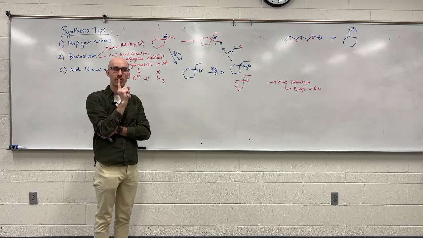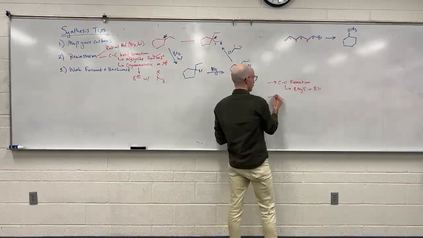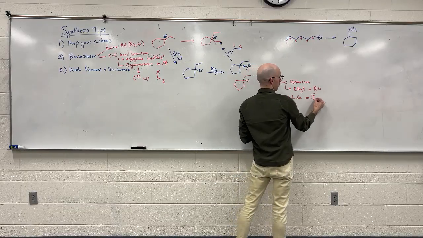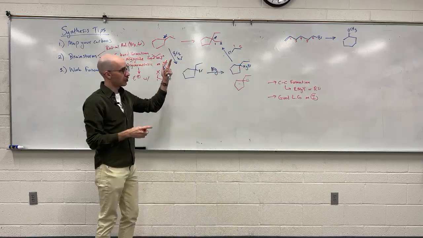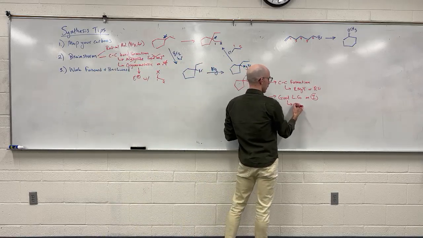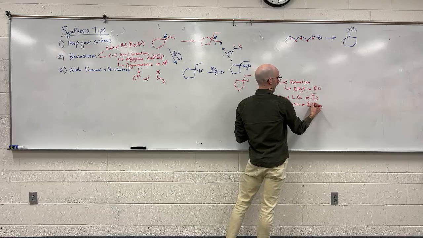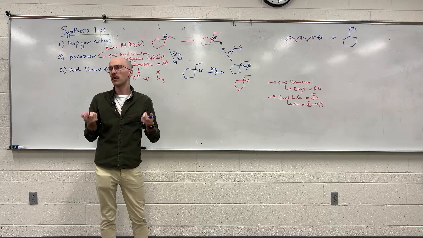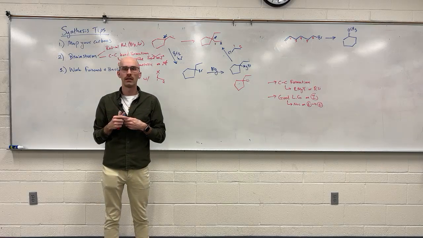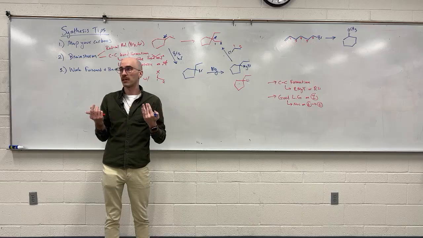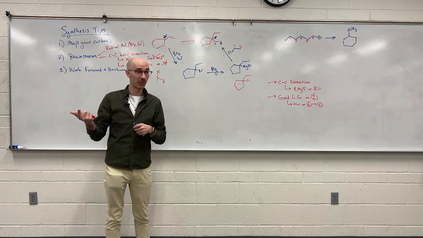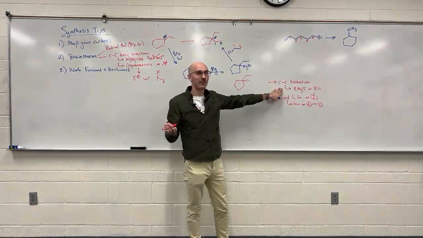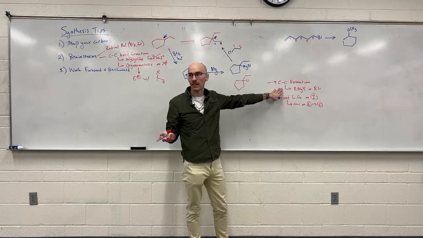So if I could make a good leaving group on carbon 1, then my nucleophile on 6 can attack carbon 1. What would be a good leaving group to put on carbon 1? A halogen would be a good group. An alcohol would be a bad group, because if I produce an alcohol there and then I make an organometallic, I don't do substitution, I just ruin my organometallic.